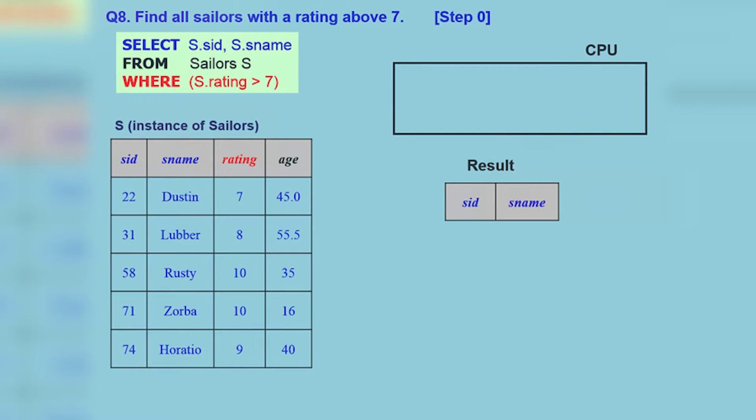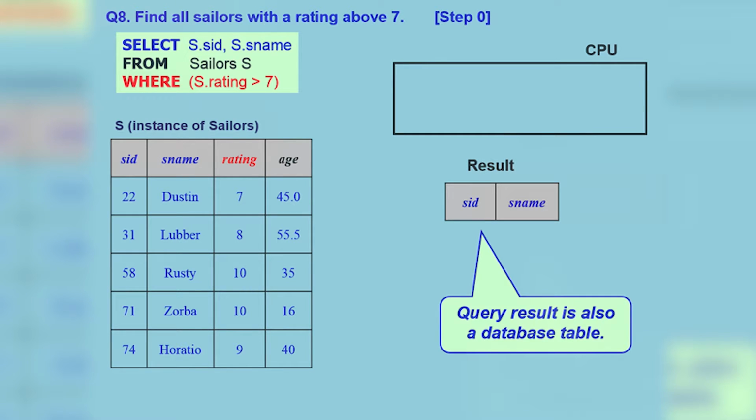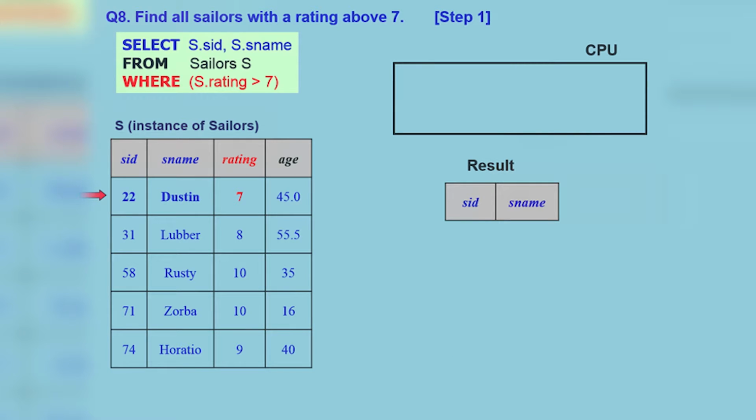Our result table will have two columns, SID and SName. Query result is also a database table. Step 1.